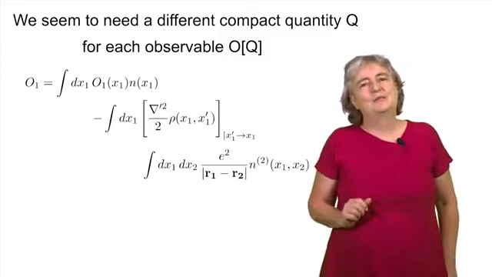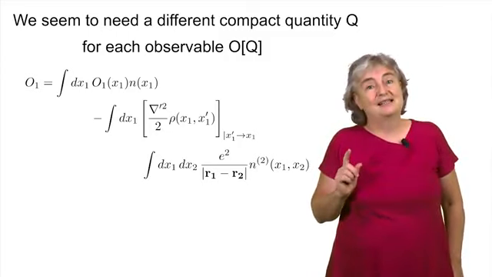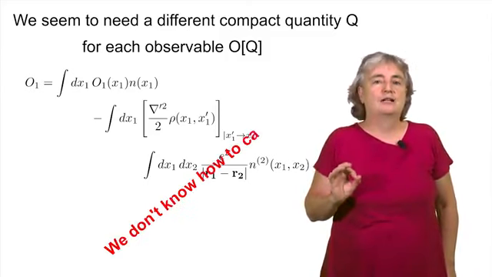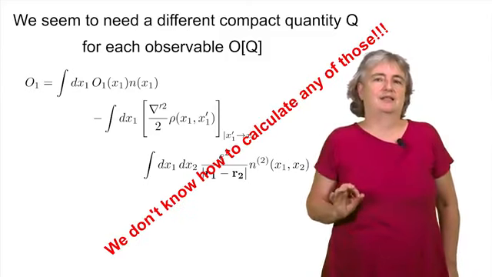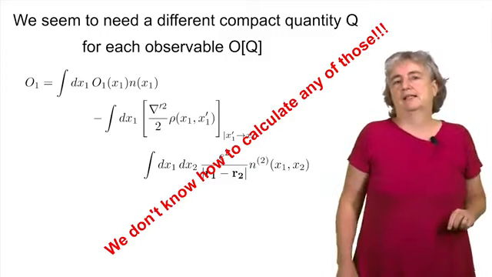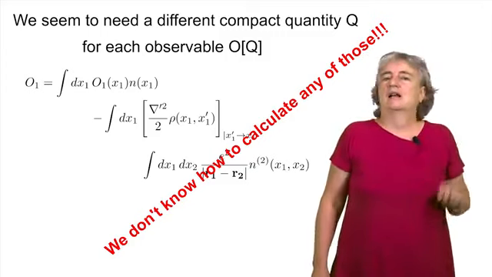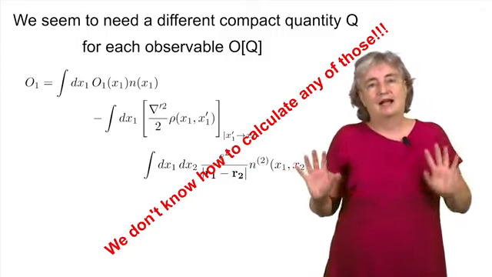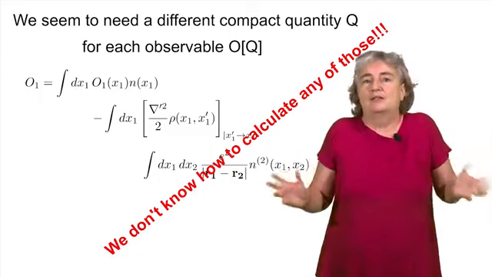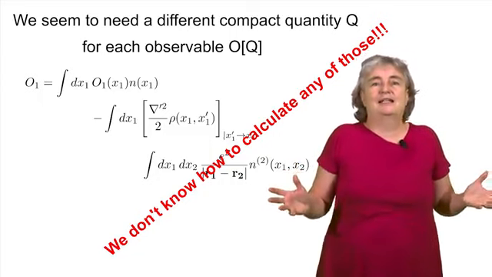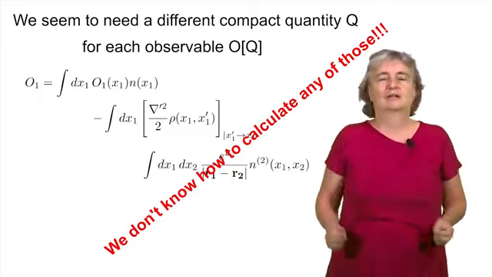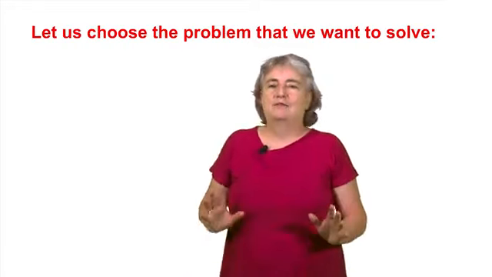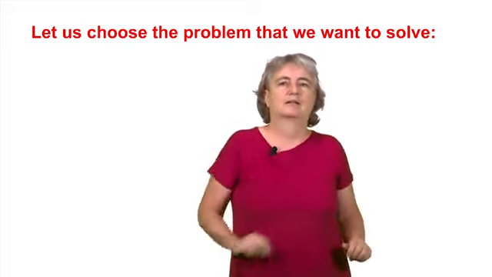Well, if you think about it, the problem is, up to now, we do not know how to calculate any of these quantities Q, not the one-body density, not the two-body density, not the density matrix, none of these. Unless, of course, we are willing to use the many-body wave function, and here the answer is no. So there is no free lunch. We will have to put some effort somewhere.